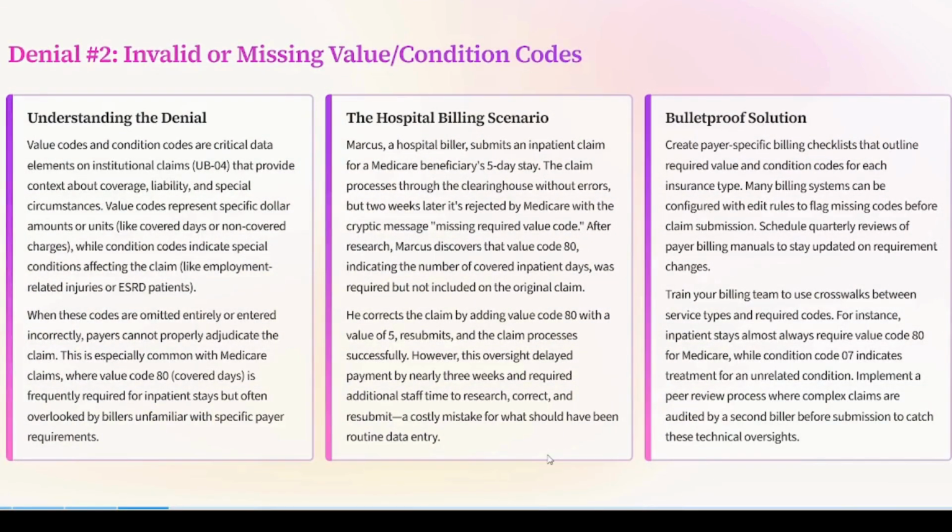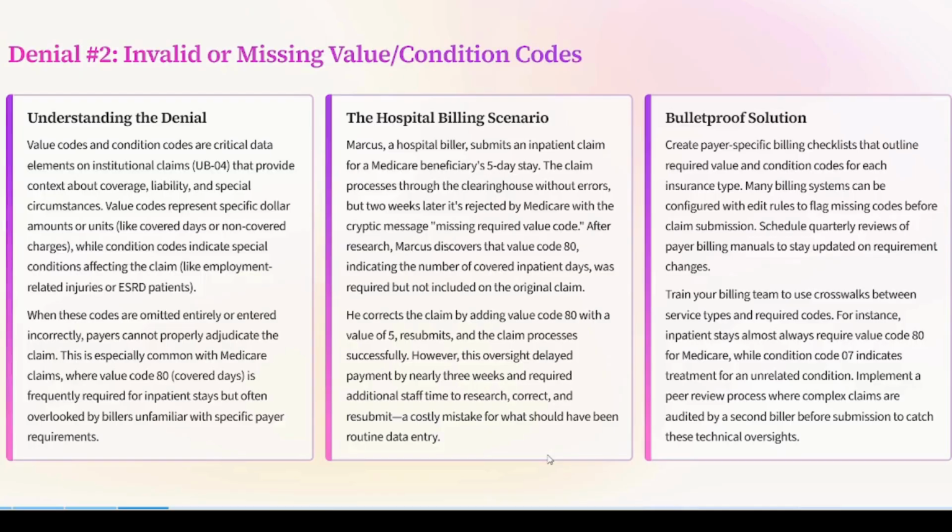Now, denial number 2: invalid or missing value/condition codes. All right, understanding the denial. Value codes and condition codes are critical data elements on institutional claims such as UB04s that provide context about coverage, liability, and special circumstances.